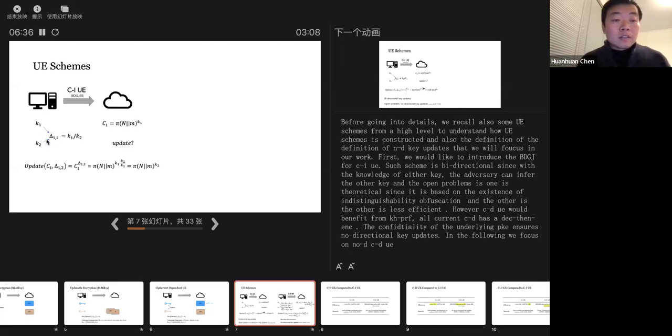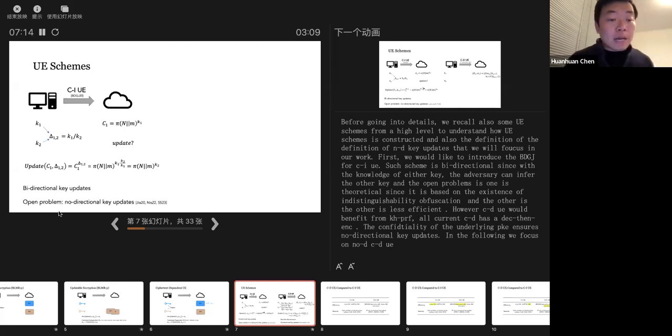This also shows that the token, on one hand, can be used to update the ciphertext, but on the other hand, it can also be used to infer secret keys. If we have the token and the previous key, we can easily recover K2. And also, if we have K2, we can easily recover K1 with the known token.